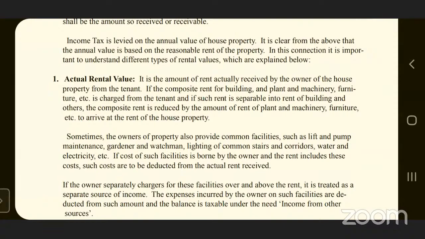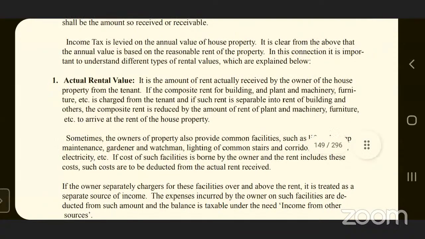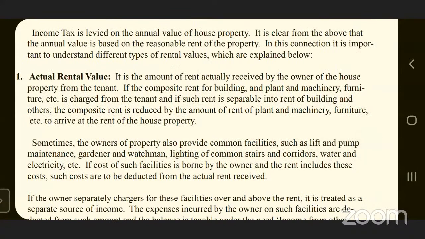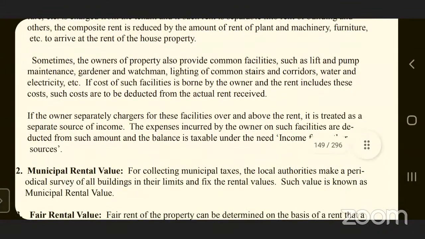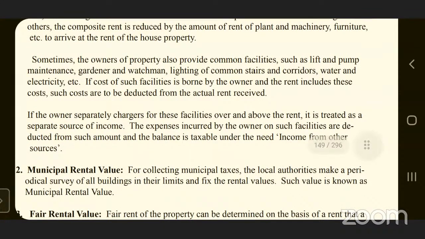Sometimes an owner may provide a few facilities for which he charges some amount.